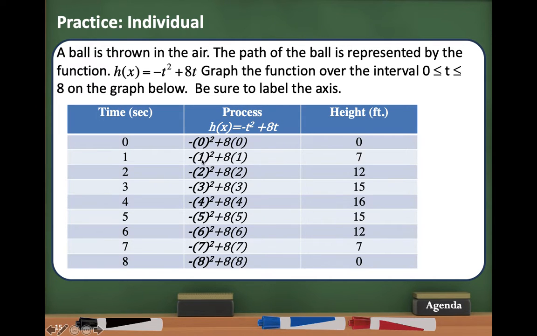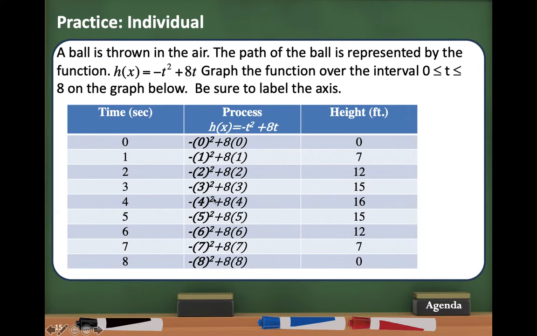So it would be 1 squared is 1, and then you make it negative 1 plus 8 times 1. Same here. You do 2 squared, which is 4. Then you make it negative, because we do exponents before this negative out here, right? Then 8 times 2. Then you do 3 squared, which is 9, and then make it -9.